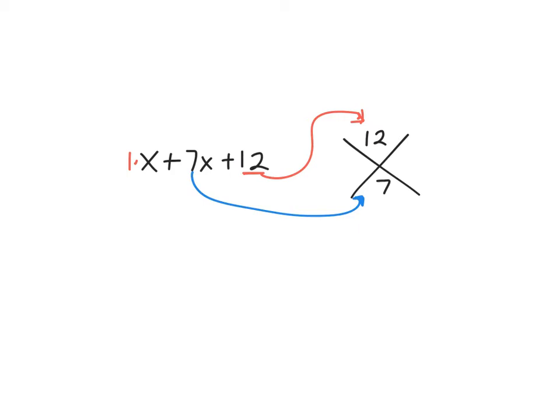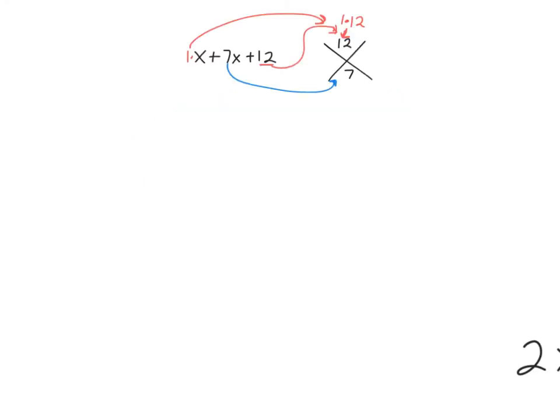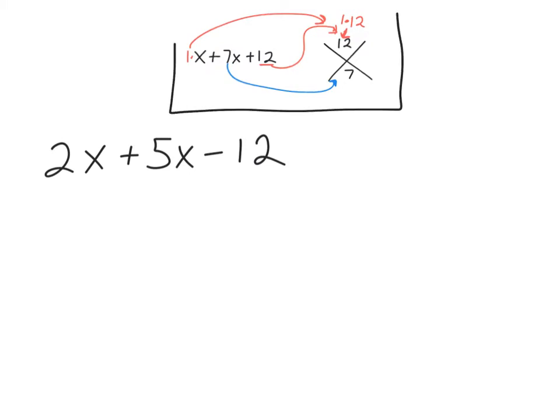What actually happens for this top value in my diamond is that I'm taking the first number, the lead coefficient, and multiplying it by the last number. So I go 1 times 12 to get to that top value. Thinking of it this way will really help me know what to do when the lead coefficient is not 1, because in this case it didn't matter: I didn't really need to multiply by 1, since I still end up with 12.